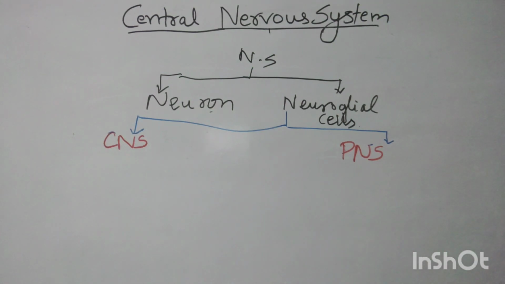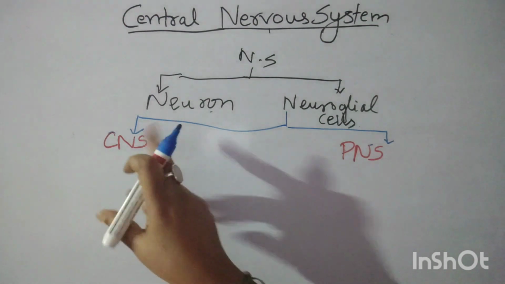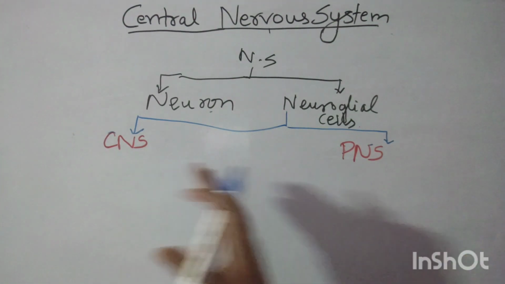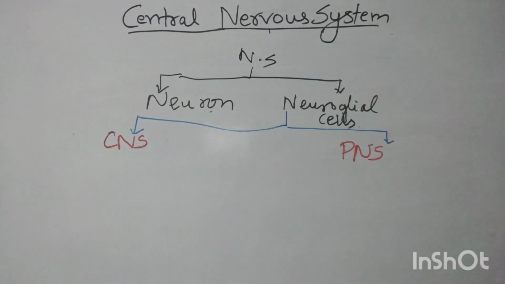Also we have seen that in the central nervous system and peripheral nervous system there are neurons. Just like the cardiovascular system is made up of the heart, the pumping organ, and the blood vessels, in the same way the nervous system is made up of two types of cells, neurons and neuroglial cells.